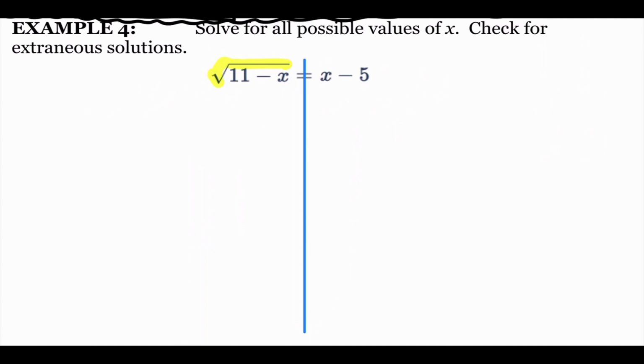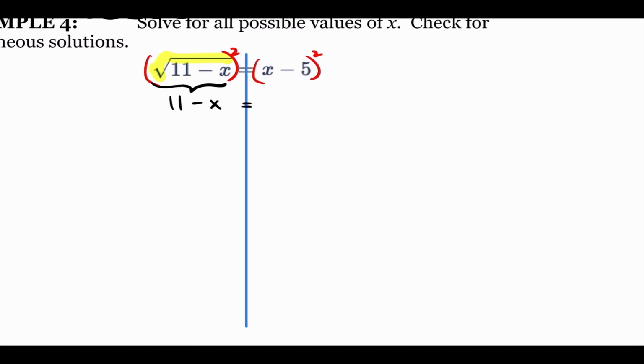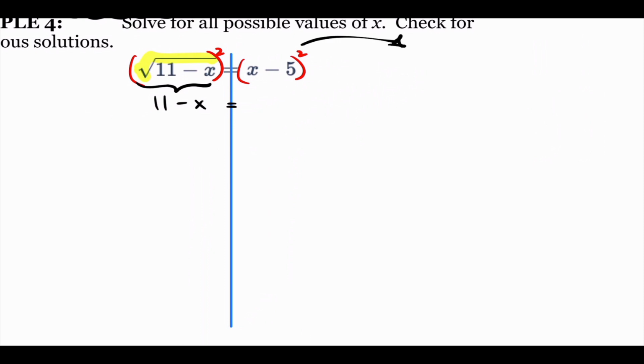Step 2, square. So we get 11 minus x equals, because that side works out nicely. The other side, though, is a binomial, so I have to set up a multiplication box for that.